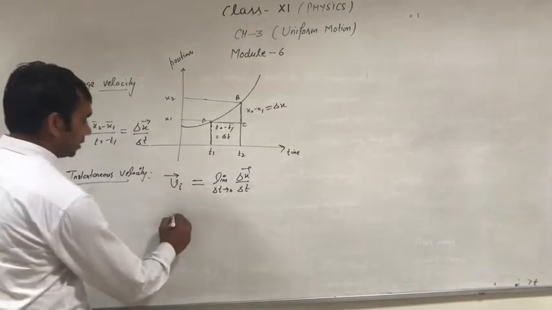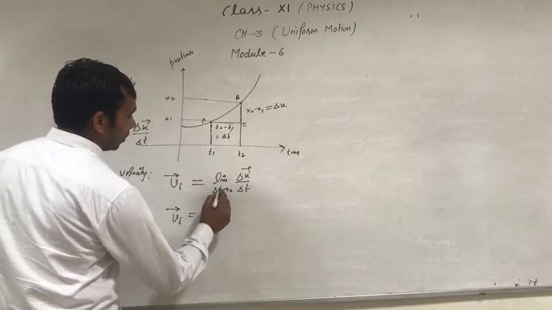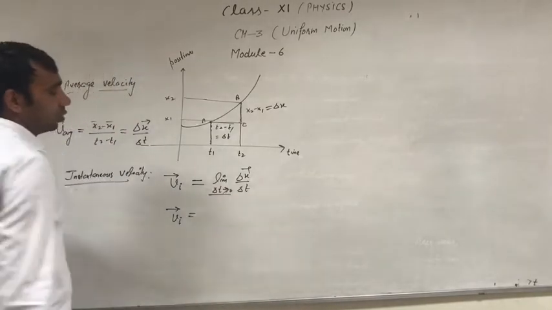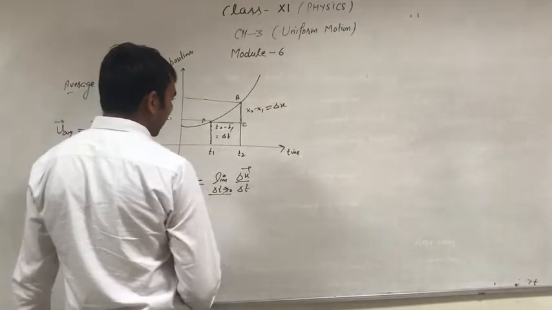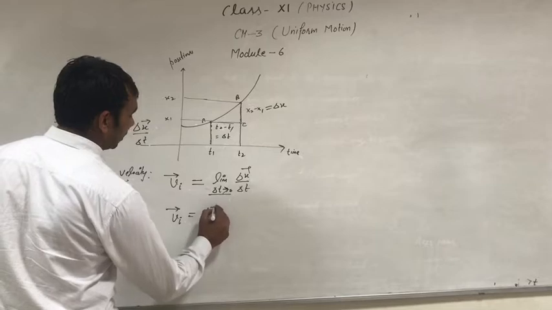This can be written as Vi, which is equal to the limit as delta t approaches 0 of delta x upon delta t, which is equal to dx divided by dt.